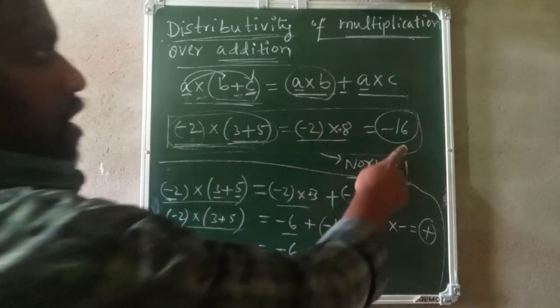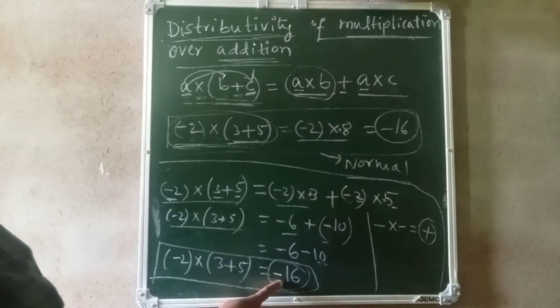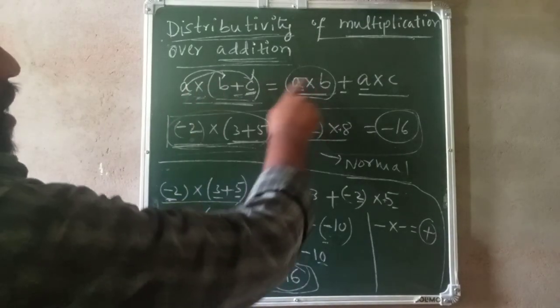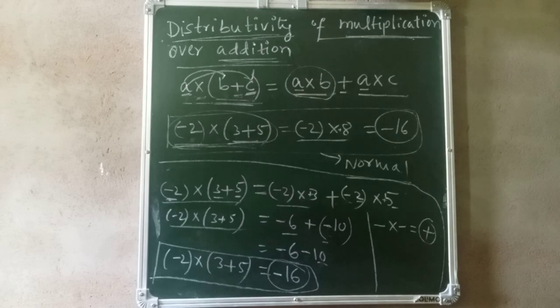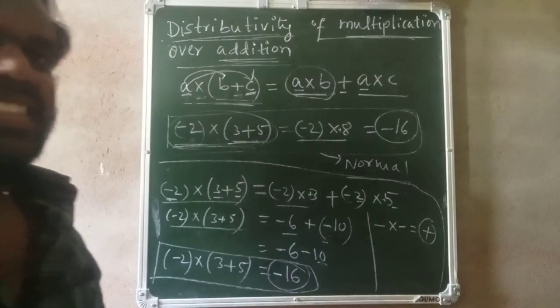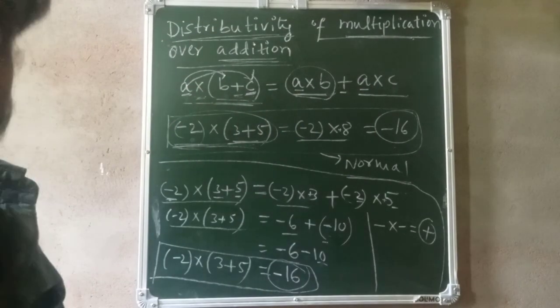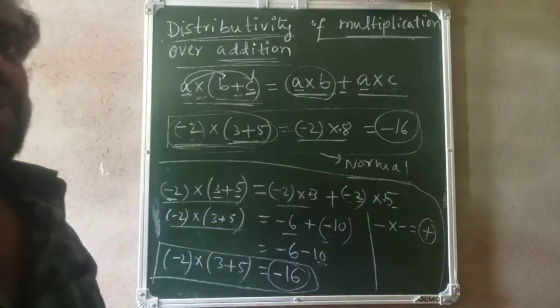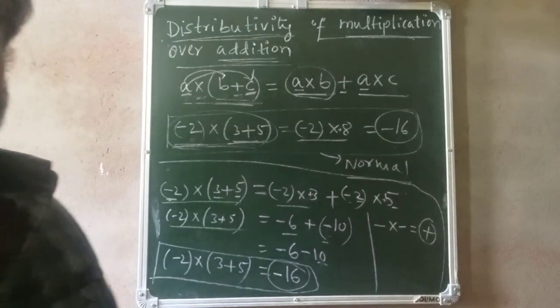If you do normal multiplication, also minus 16. When you use this property, a into b plus c is equal to a into b plus a into c, by using this property also we got the same answer, minus 16. So that means what? This property is correct. We checked that, we verified that this property is correct.